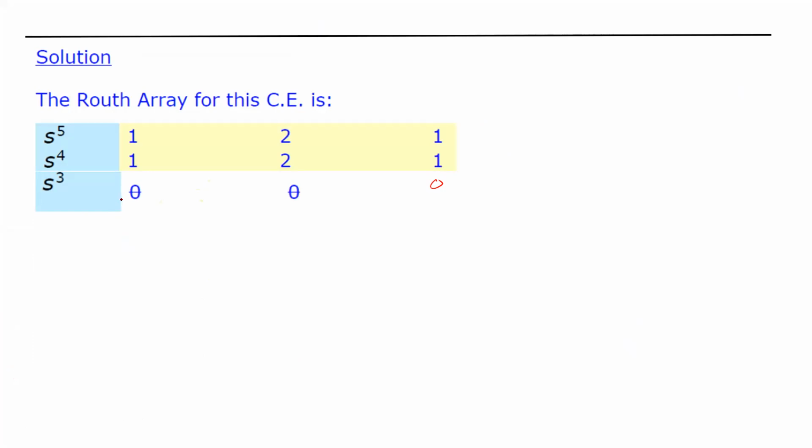We said I will go to the row before the 0, and I will write the polynomial. So tell me, what will be the polynomial? S to the power 4 plus 2S squared plus 1 equal to 0.